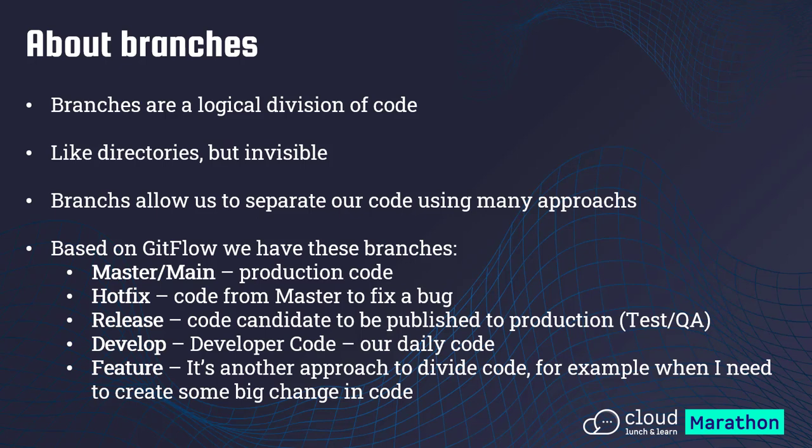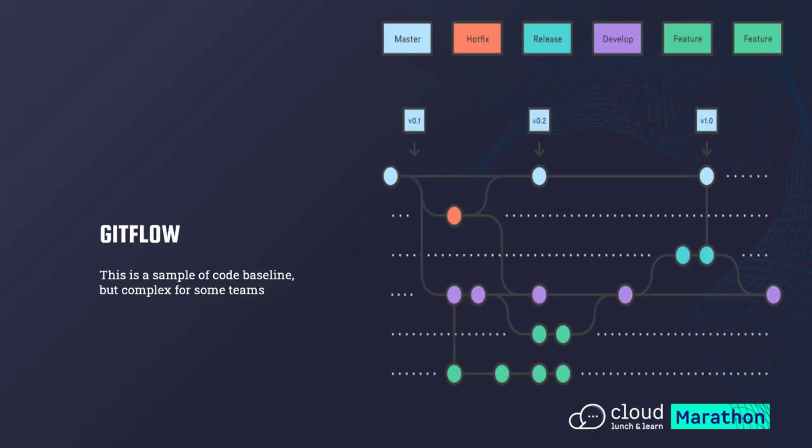For example, I will implement a new feature and I will spend much time on it, and I can't freeze the developer branch to wait for my feature. Because of this I create another branch, a feature branch, for something new inside my application, and I develop this code and put it inside develop again.